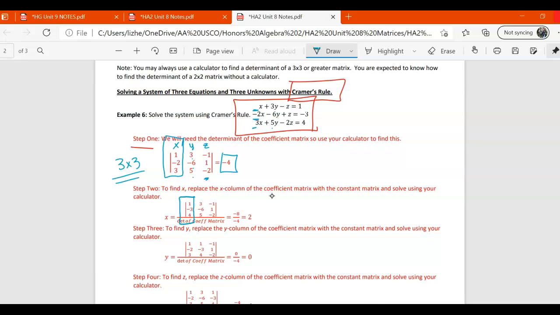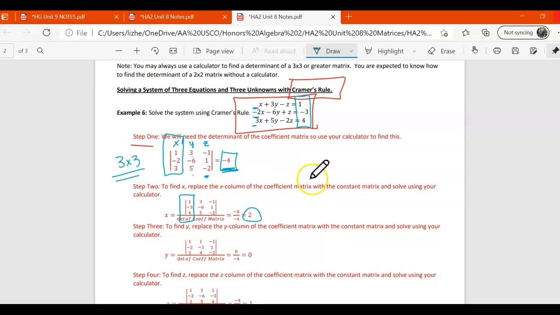These are the constant matrix, 1, -3, 4. So we take the x's out and we put in the constants, but look at the y's and the z's are exactly the same. Now you find the determinant of that matrix, and you get -8, and you're dividing by the coefficient determinant, which we already found was -4, and we'll get 2 for x. So then we do it again with y.